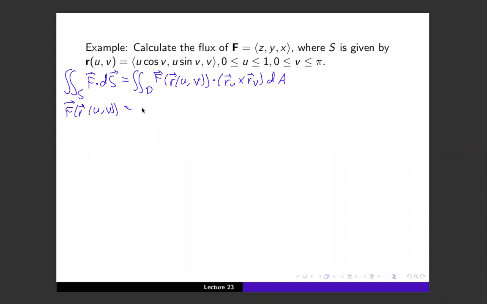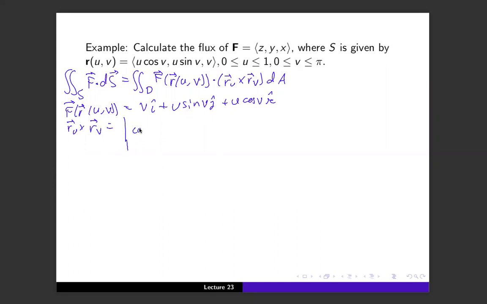Now in this case, f of r(u,v) is v i plus u sine v j plus u cosine v k. And r_u cross r_v, just take the derivatives and do the cross product.